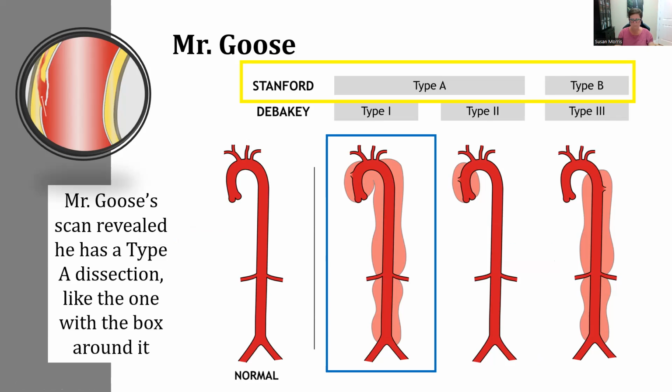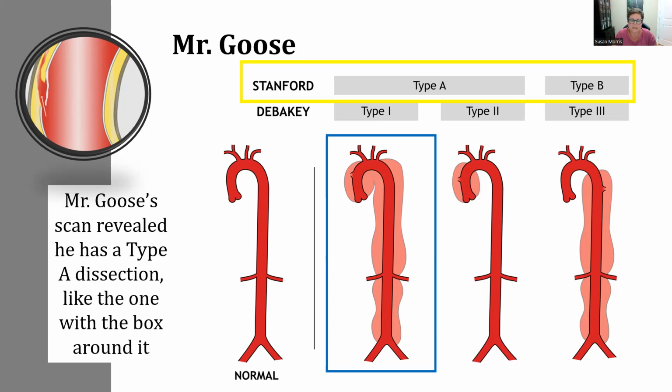So the emergency room physician comes over. The emergency room physician has almost no blood left in his face. He is pale, and he says to the nurse, who is Mr. Goose's husband, he says, oh my God, this guy is the biggest dissection I have ever seen.